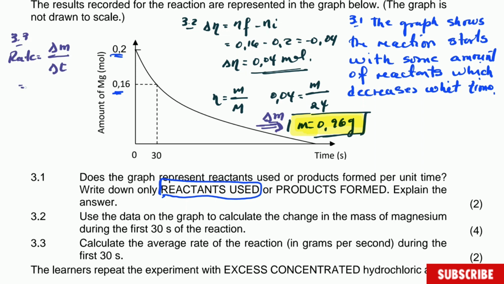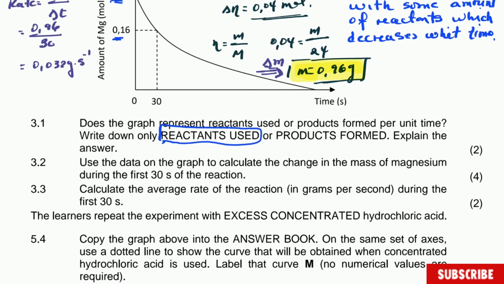So when you calculate this one, you have 0,96 divided by 30 seconds, because they say in grams per second. So when you calculate, you will get that the answer is 0,032 grams per second. That is the answer for question 3.3.